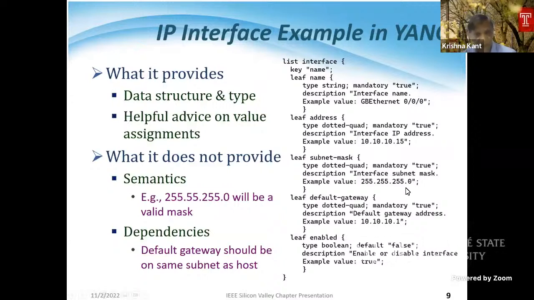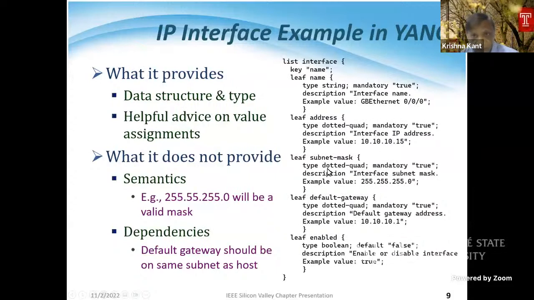Of course, all of these XML-based languages are extremely verbose, and it might be a little difficult. But basically, what this code does is set up an IP address for an interface, the subnet mask, the default gateway, and a Boolean for whether the interface is enabled or not. So a pretty routine thing.